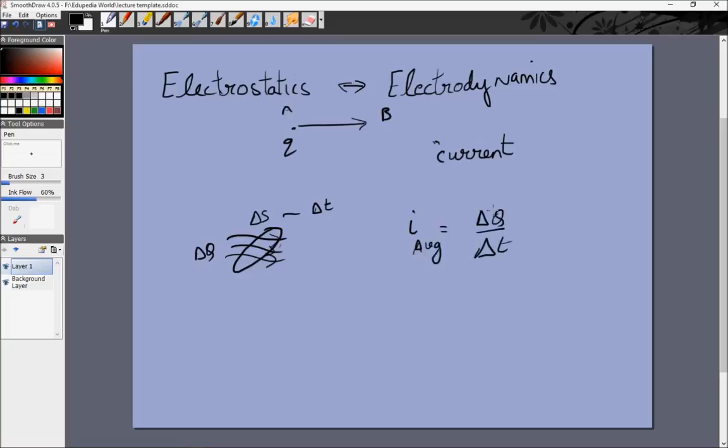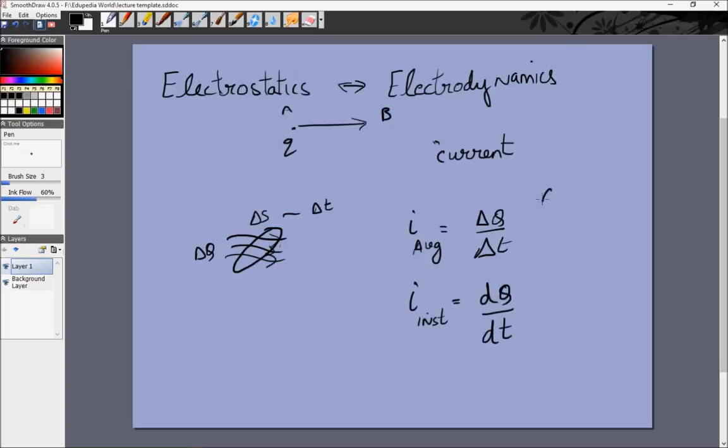The current through an area is defined as the charge crossing through the area per unit time, right? So the average current will be the total charge that has passed through divided by the time interval. If we wanted to calculate instantaneous current, you probably know how it goes. Similar to kinematics, it will be dq by dt, right?